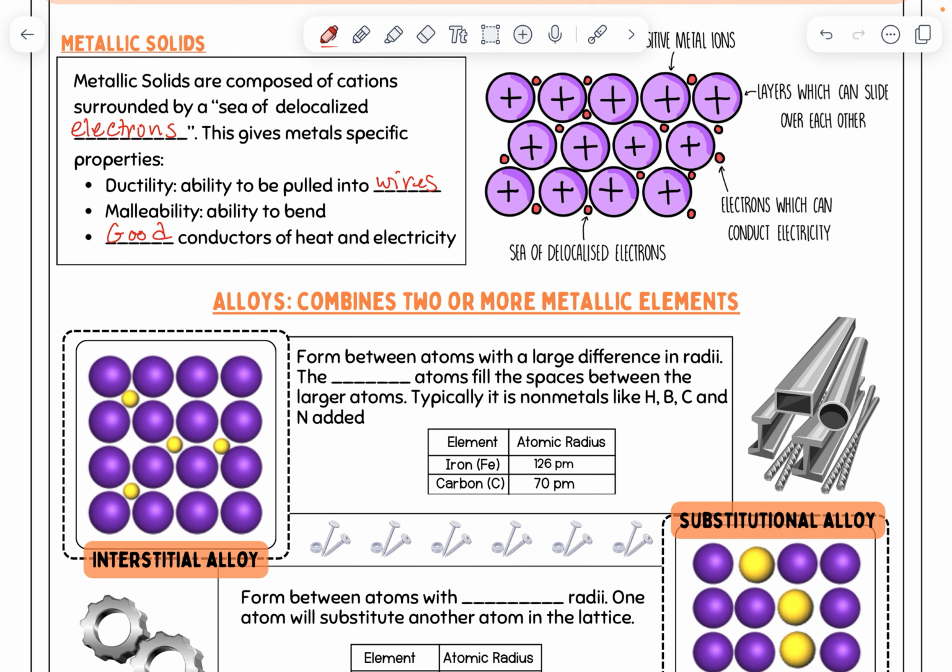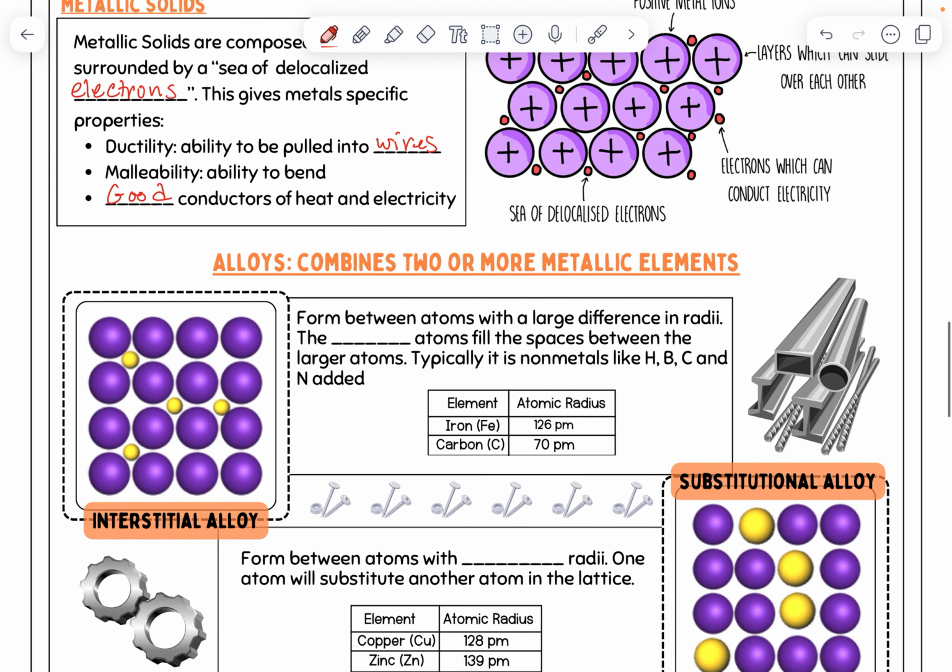So alloys combine two or more metallic elements, and not necessarily always metallic elements. For example, here we have an interstitial alloy, and that forms between atoms with a large difference in radii. And the smaller atoms fill the spaces between the larger atoms. So this is used to strengthen a metallic bond.